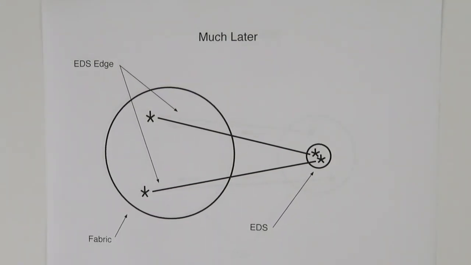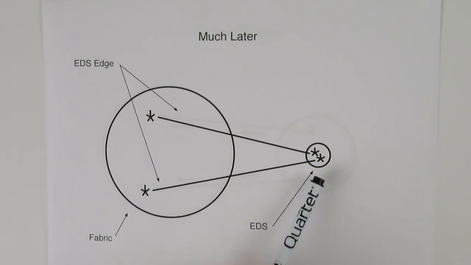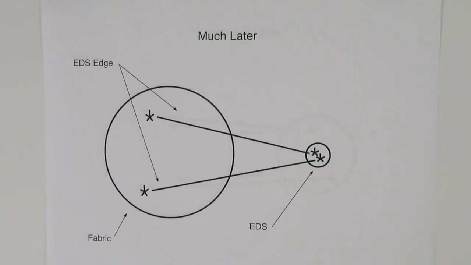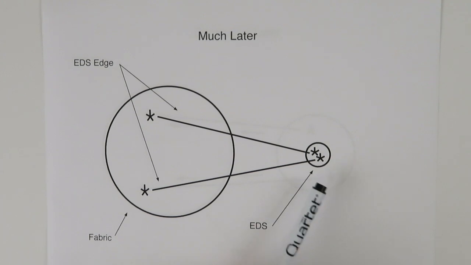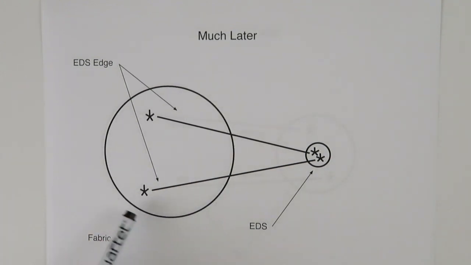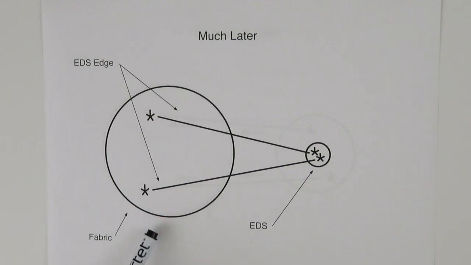Much later in the Big Bang, we might come to a situation where one of the triangular neighborhood networks has shrunk very dramatically, so that in the end, let's say there are only 12 nodes in this network, and this network here has grown to be very large. But again, there would be 12 EDS edges connecting this structure with this structure. So at this point, we would call this the fabric of the universe, and this the EDS of the first level of structure of the universe.